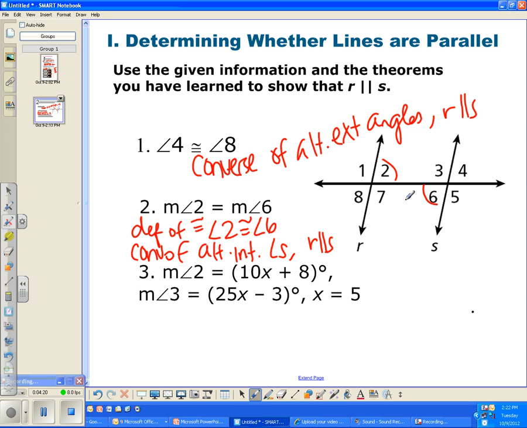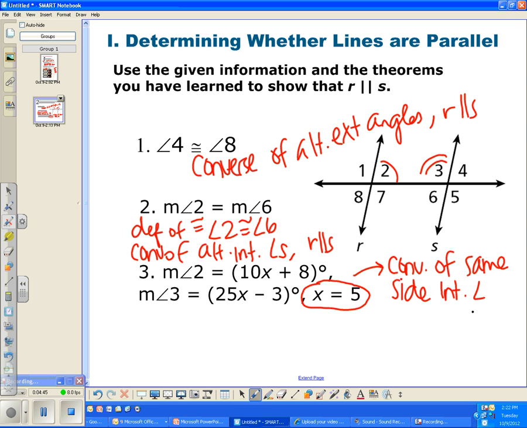Then the last one, number 3, says measure of angle 2 is 10x plus 8, and measure of angle 3 is 25x minus 3. And notice I even tell you what x is. You don't even have to do any algebra. I didn't say that they're congruent or that they're equal to each other, but what do they look like? To me, they look like same side interior angles. So I'm going to use the converse of same side interior angles. And that one said that if they add up to equal 180 degrees, then they're going to be parallel.